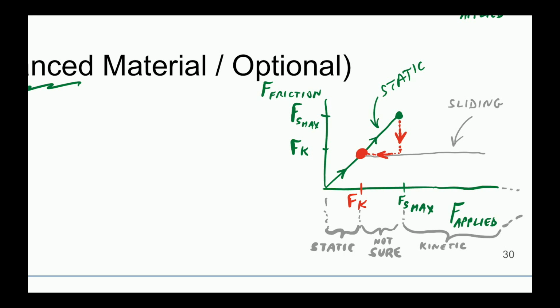At that moment in time, your applied force is greater than F sub k, briefly, because it's right here. And then you quickly, as a human being who was instructed to pull at constant speed, reduce your pulling force until you get down to that big red blob.